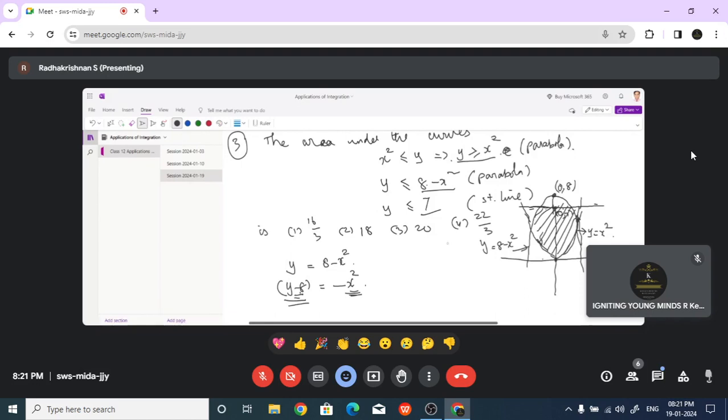Since it is symmetric about y-axis, so we can see that this is symmetric about y-axis, right? So that means we can take it as twice the area on one side. Okay, so let us say twice the area on one side.